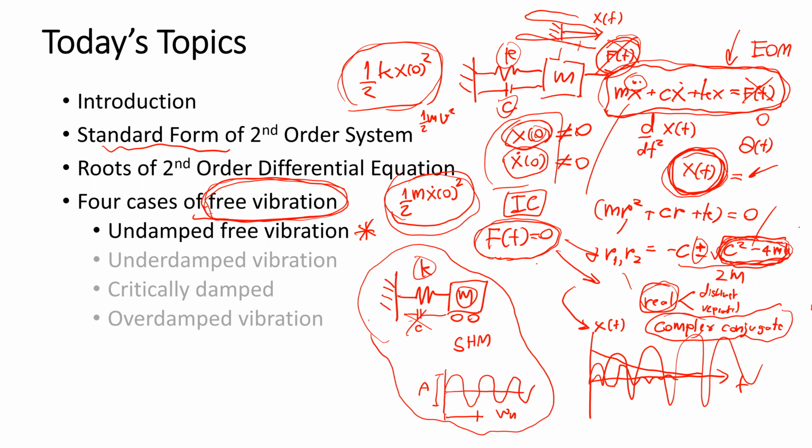When we have only the spring and mass in the system, and we don't have a damper to dissipate energy from the system, it will continue to vibrate forever, never stop. And next week we're going to continue with the effect of the damper.